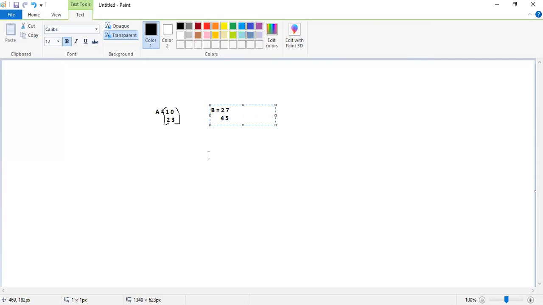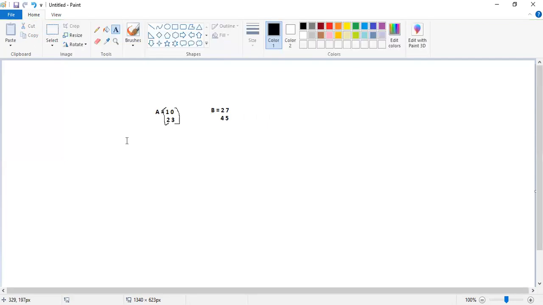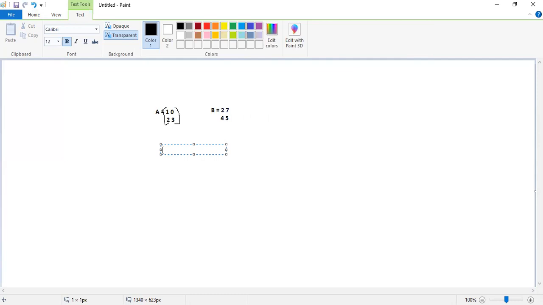So let's say we have these two matrices, and we are asked to find AB.